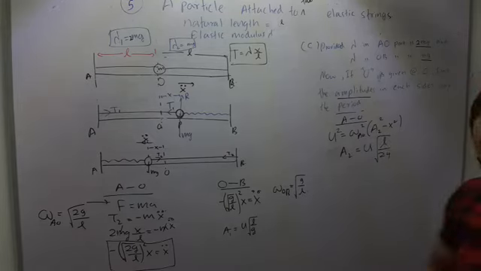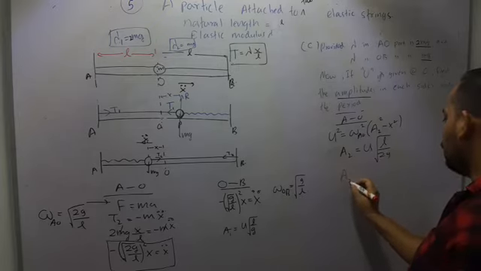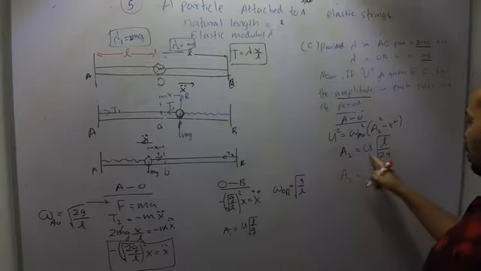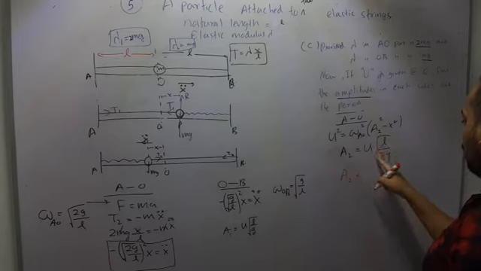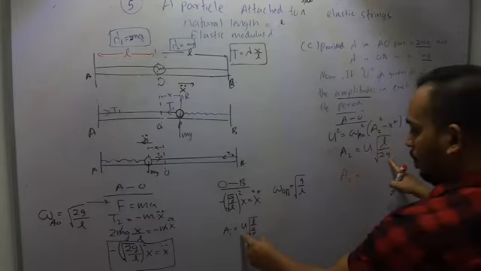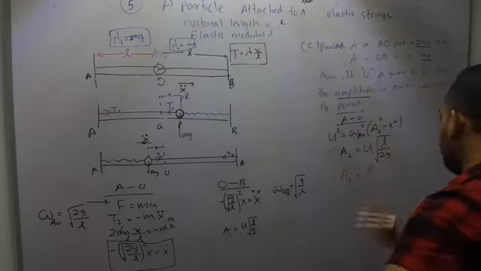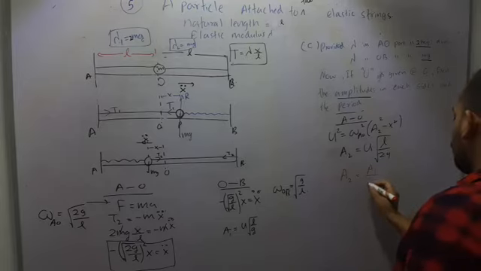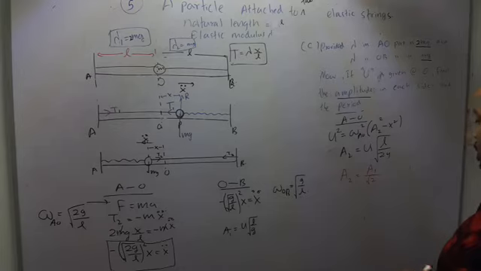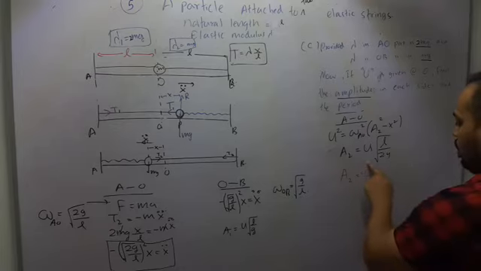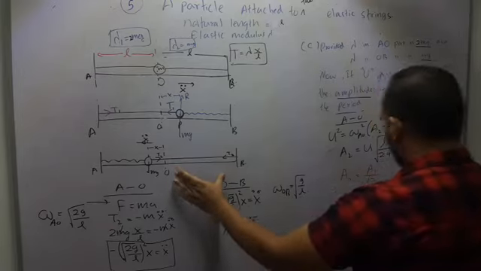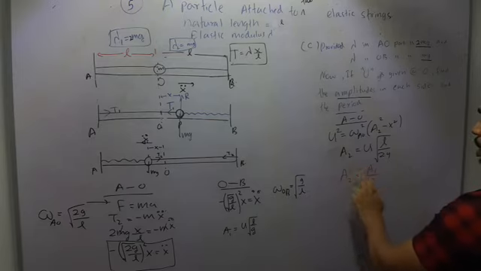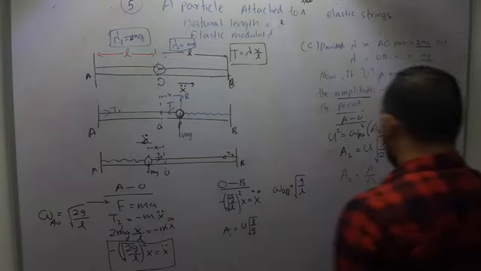So notice the difference here. What is A2? U times root L over g is A1. Other than that, there's a root 2. So you can see that the displacement on this side is smaller than the displacement on the other side.